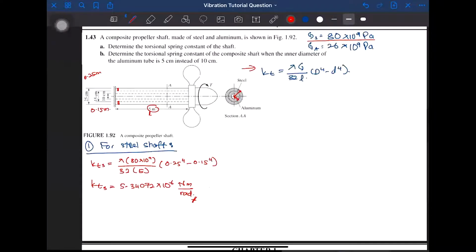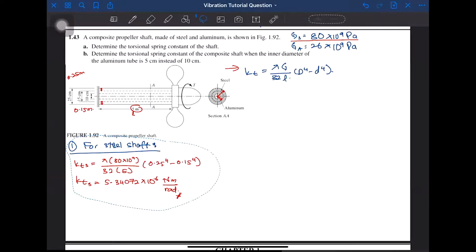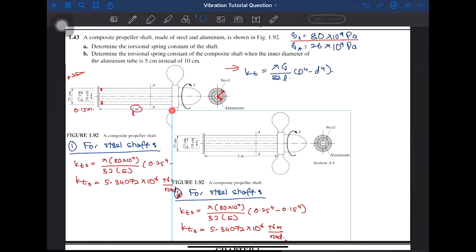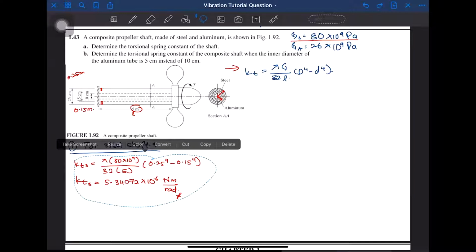Now let's use the same formula, but now you have to find it for the aluminium. Remember, use the same formula, only the diameters are different.